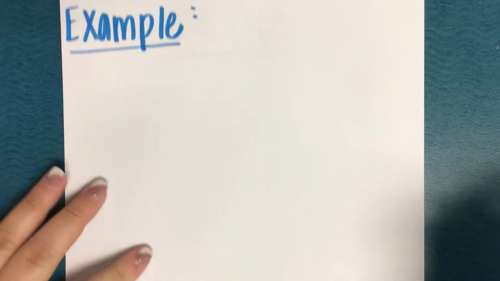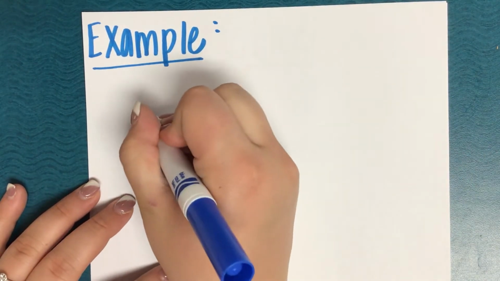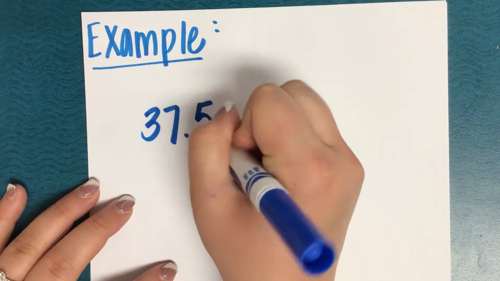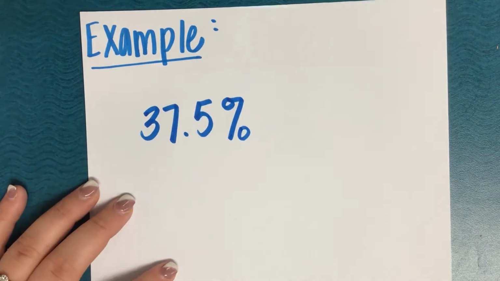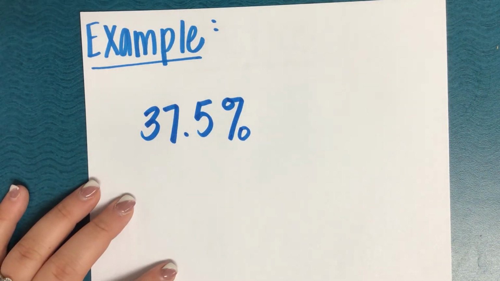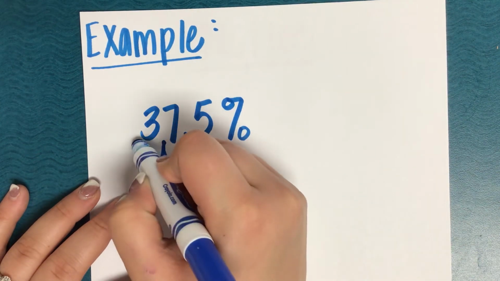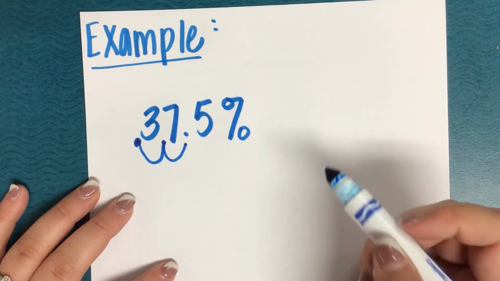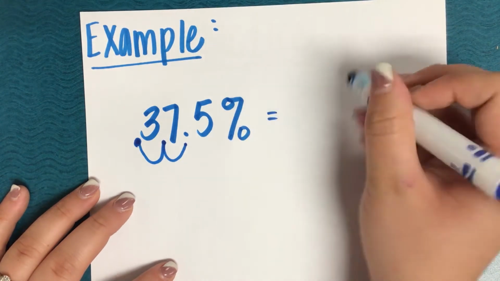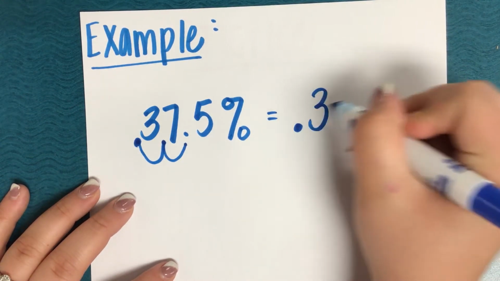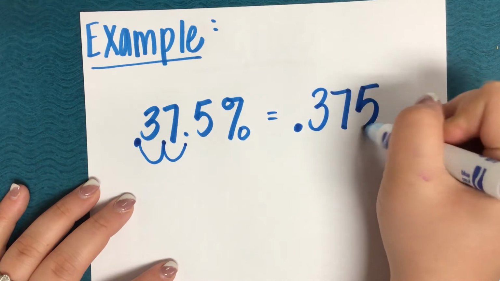So if we started with the percent that we had in the last problem, so 37.5%, okay, I would just move the decimal point 2 places to the left, 1, 2, and that's going to give me 0.375.